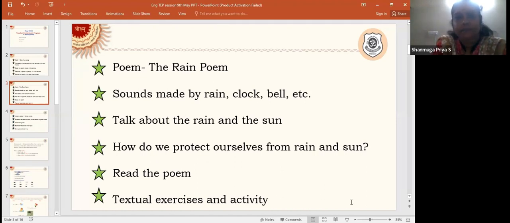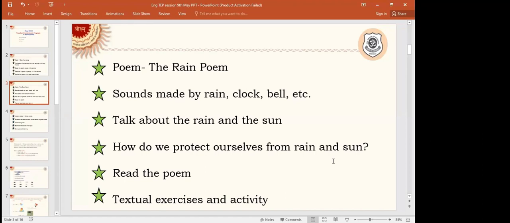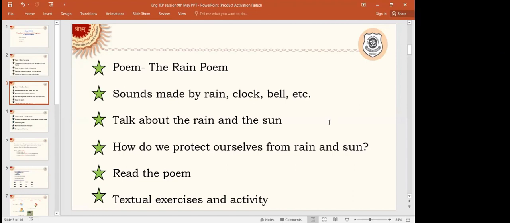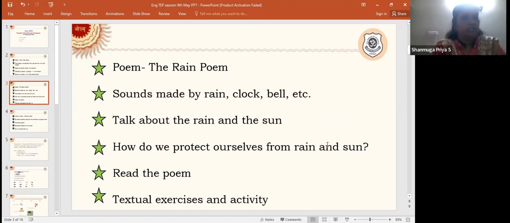Anybody else would like to try? Ma'am, shall I? Yes, Sangeeta, ma'am. Pitter patter raindrops falling from the sky. Here is my umbrella to keep me safe and dry. Very good, ma'am. Thank you so much.